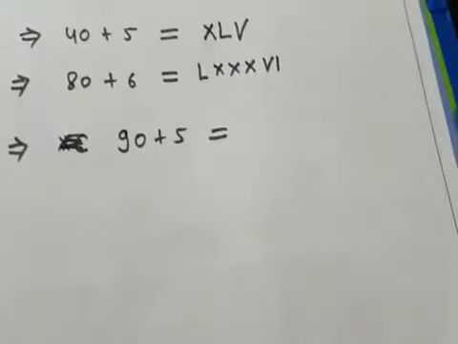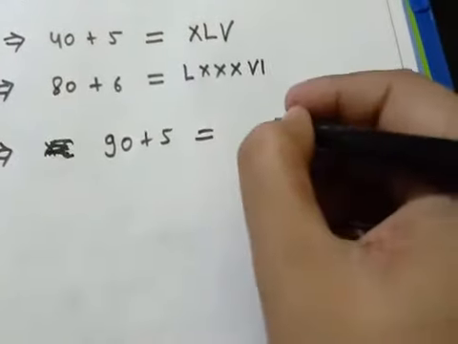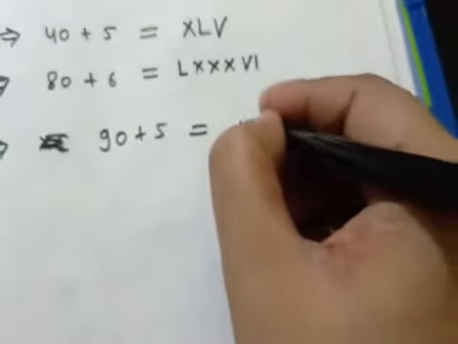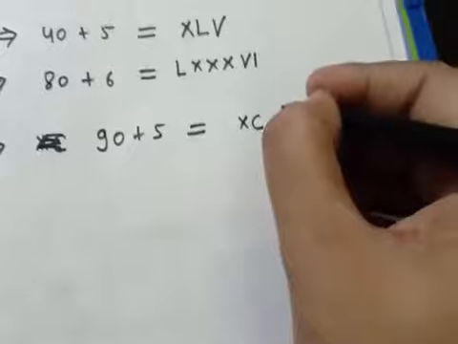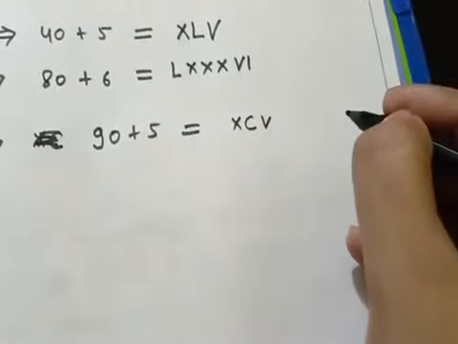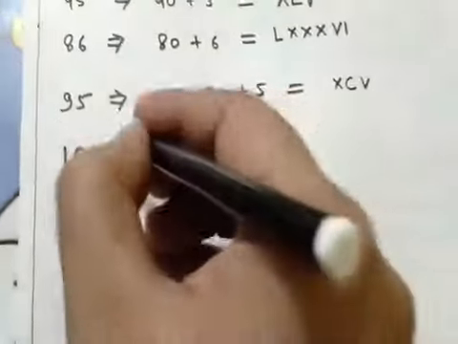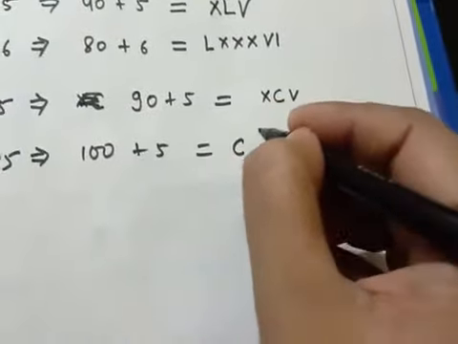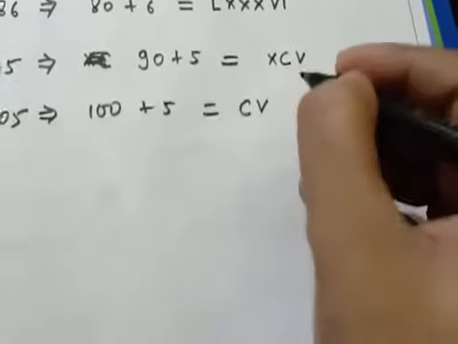First of all, I write the symbol C and write X before it. It becomes 90. Then we have to add 5, and this is the symbol for 5. Clear? Another number, 105: 100 plus 5. Breaking the number, symbol C is used for 100, and then 5.